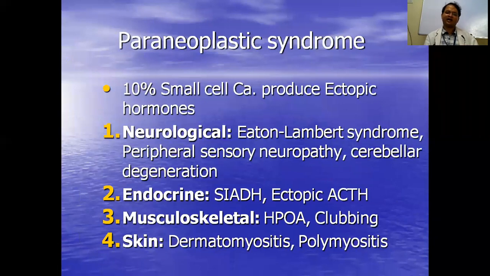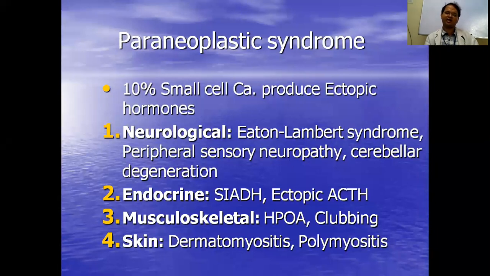We have discussed earlier, when we were discussing small cell carcinoma, that around 10% of these cases suffering with small cell carcinoma can suffer from paraneoplastic syndrome. This is produced by the ectopic hormones which are secreted by these tumors excessively.